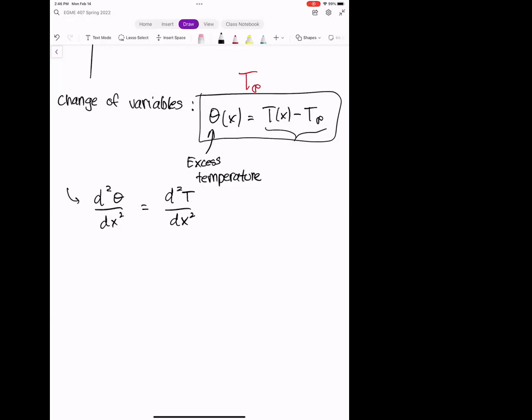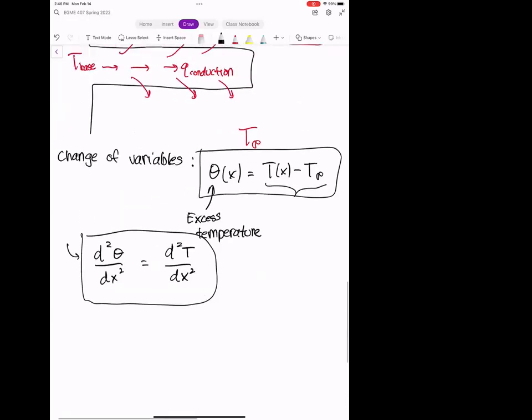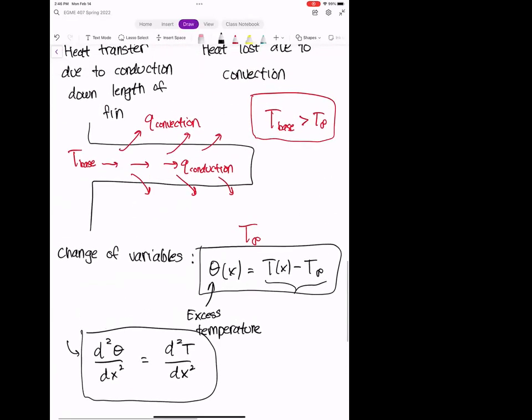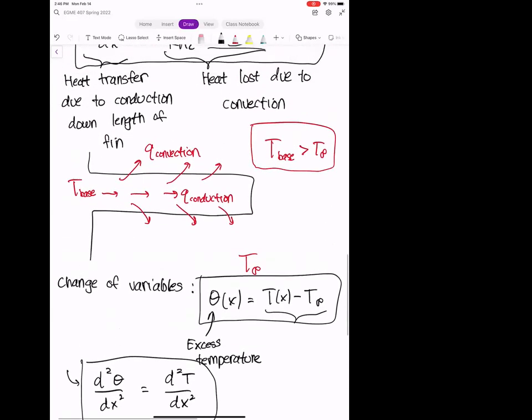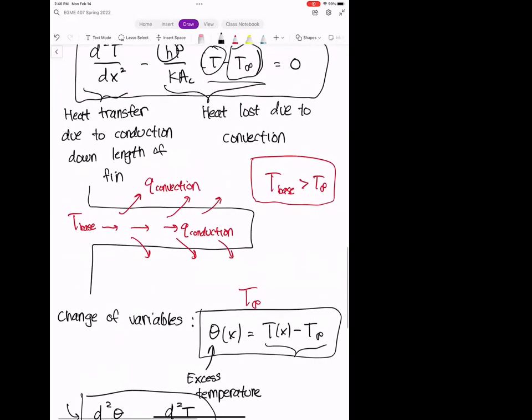Yes, T infinity is a constant. So when we take the derivative of theta, the T infinity just goes away.